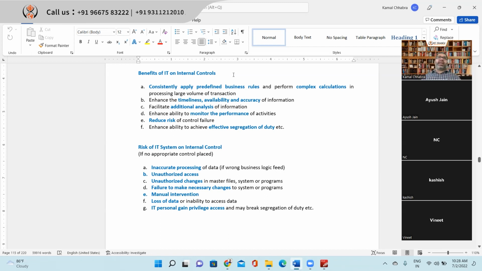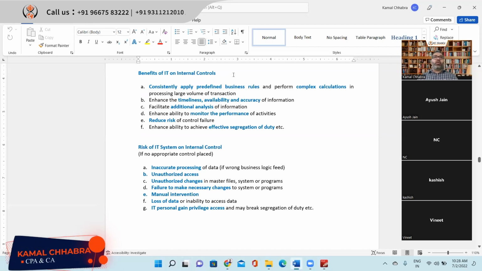For example, if you see Amazon, someone is buying shirt, pant, trousers, jeans, or maybe mobile, laptop, telephone, sofa, anything and everything. And they have more than a million vendors nowadays. Globally, Amazon has more than a million vendors supplying.